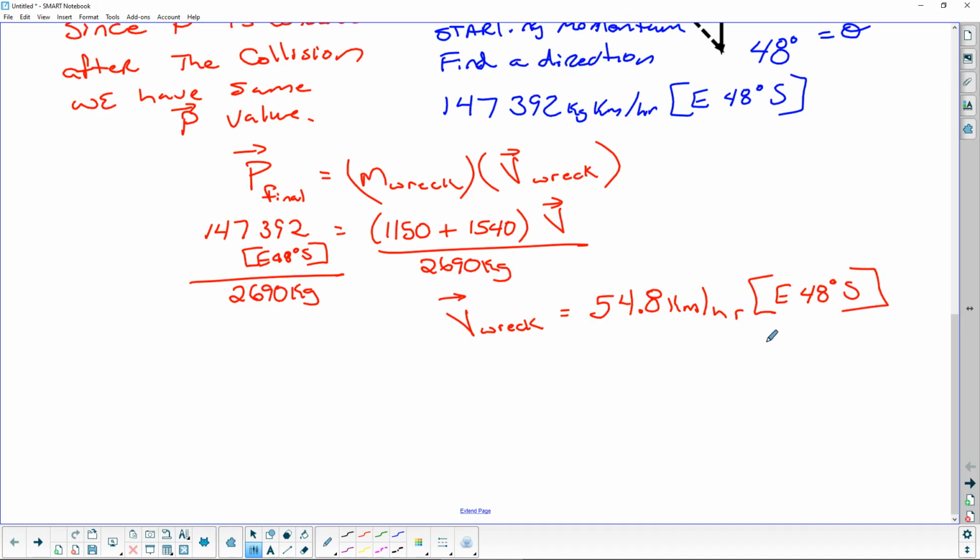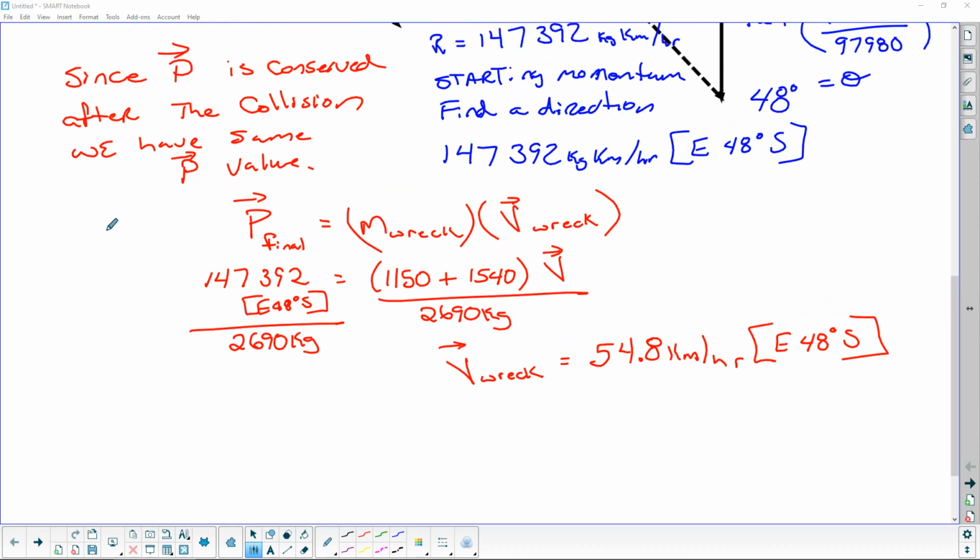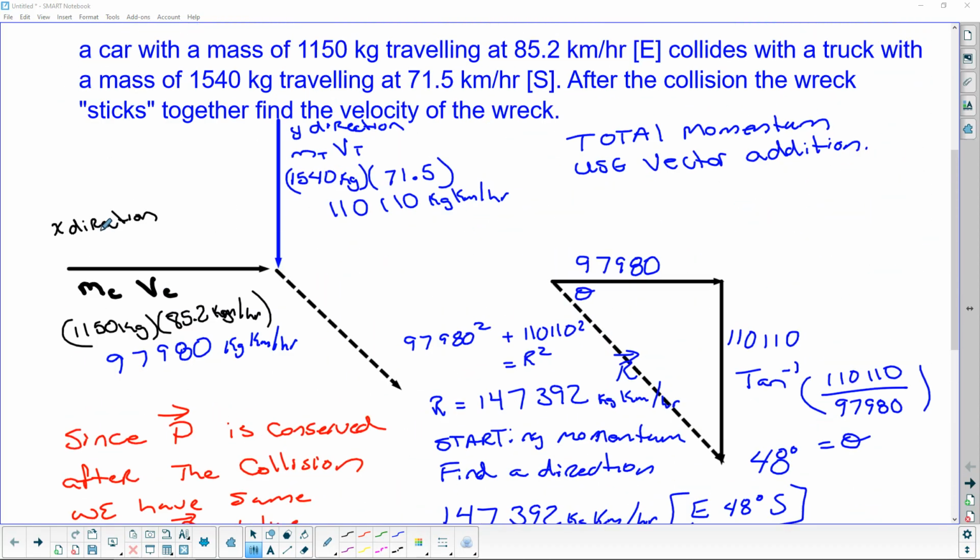So this is a specific two-dimensional example. It only works when we're doing right angles because we're using right angle technique. So what are our basic steps here involved if we look back at the beginning? Okay, firstly we get the x direction and the y direction momentum by multiplying the mass with its velocity.